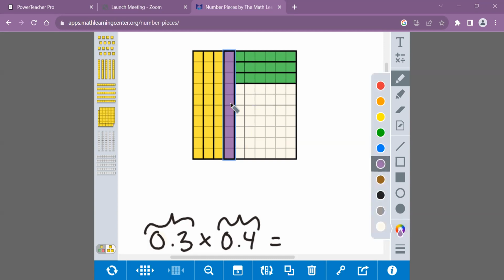Where they cross over is this area here. That's where they share. So if we count again, we have 100th, 200th, 300th, 400th, 500, 600, 700, 800, 900, 1000, 1100, 1200.